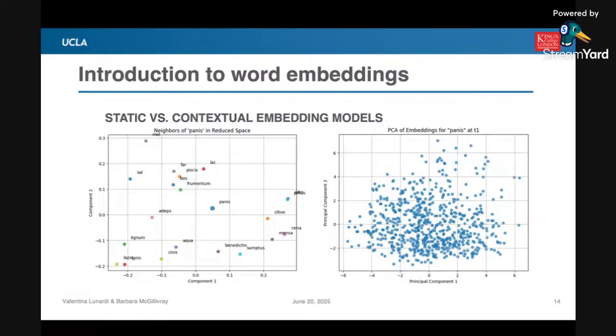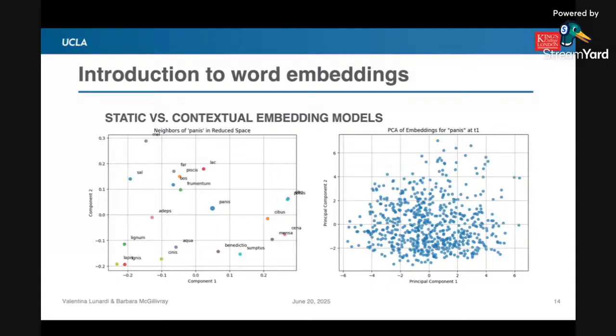So here is a visual representation of what I've just been saying. If you were interested in the word for bread in Latin, panis, for a static model, you would just get one vector for it, one representation in space, and you can use that to see what the other words in the same area of space are.